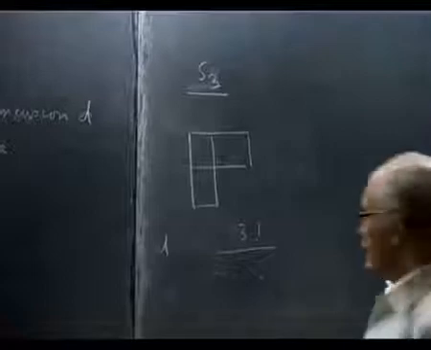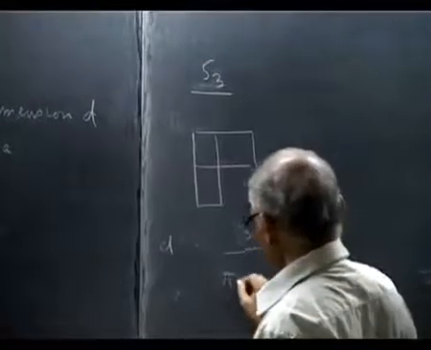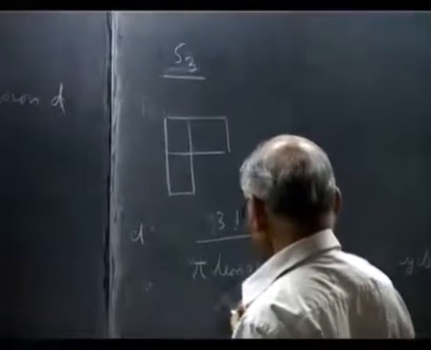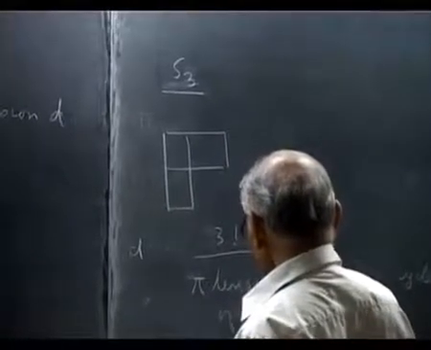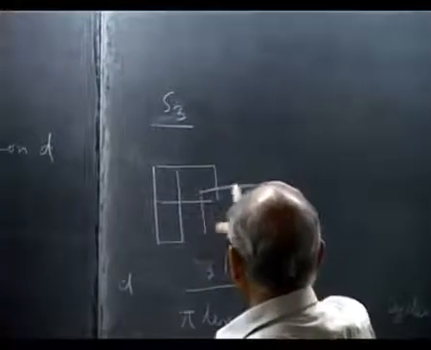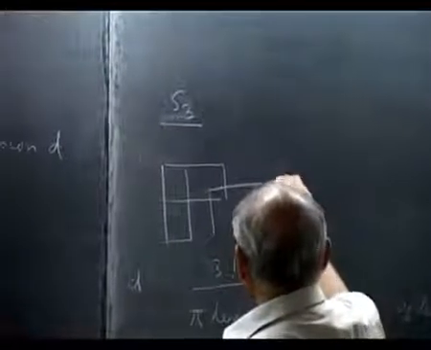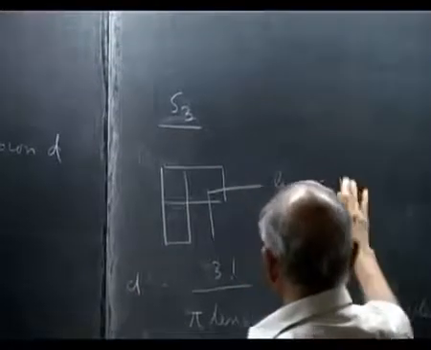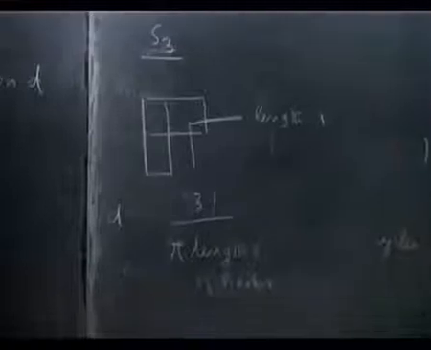What is a hook? Here this is a hook of length 1. The length is the number of boxes the hook cuts.